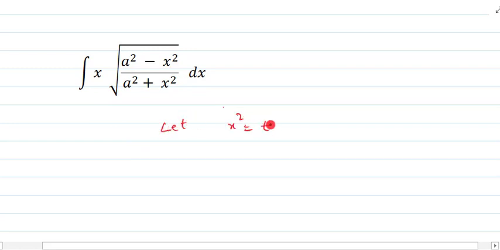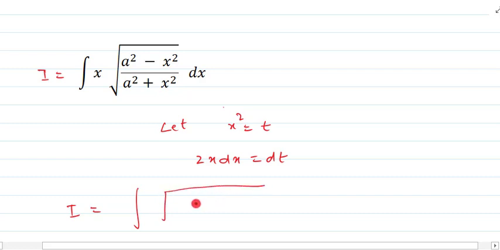So you will be having 2x dx is equal to dt. So let us name this as I. So I is equal to square root of a square minus t upon a square plus t, and x dx will be dt upon 2.